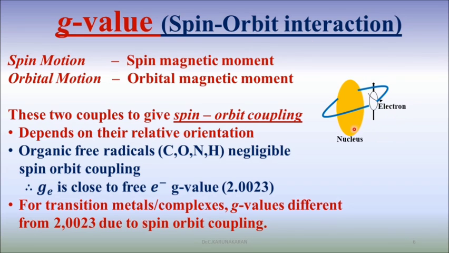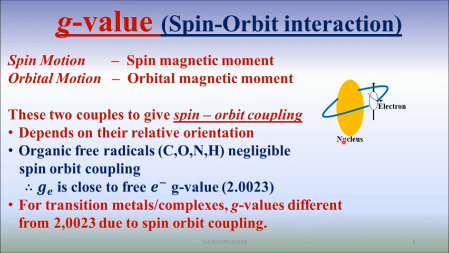As I said earlier, the electron spins about its own axis and also revolves in an orbit. Therefore, the electron has a spin magnetic moment as well as an orbital magnetic moment. These two magnetic moments couple to give spin orbit coupling, depending on their relative orientation.